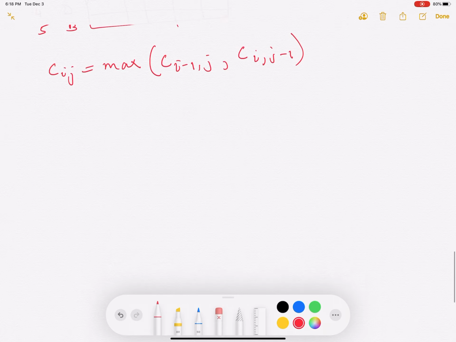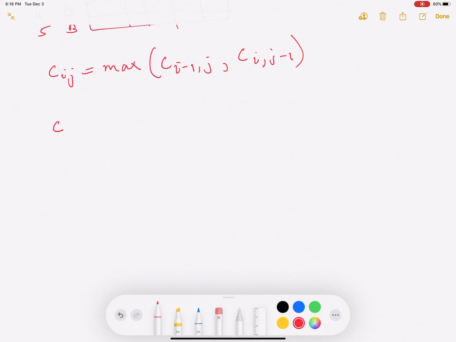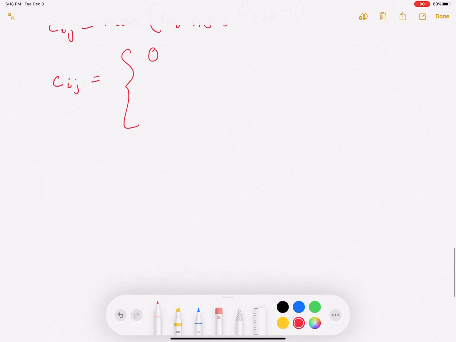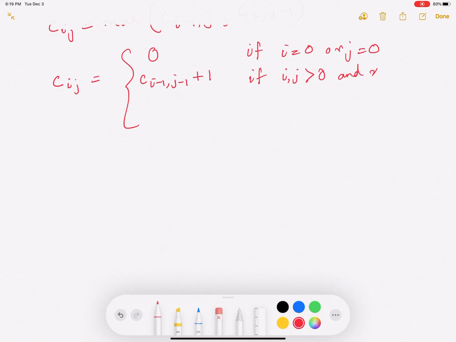So considering all this, Cij will be 0 in the initial case, that is if i equals 0 or j equals 0. That's the initialization. It will be C of i minus 1, j minus 1 plus 1 if i and j are both greater than 0 and xi equals yj.